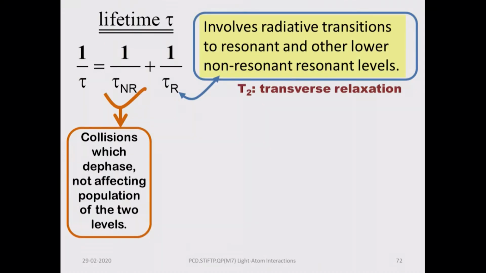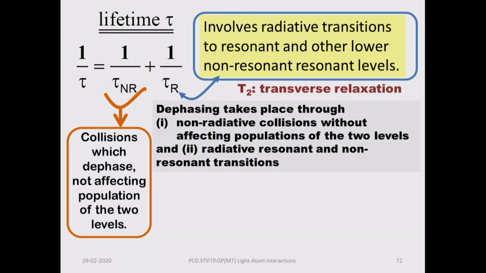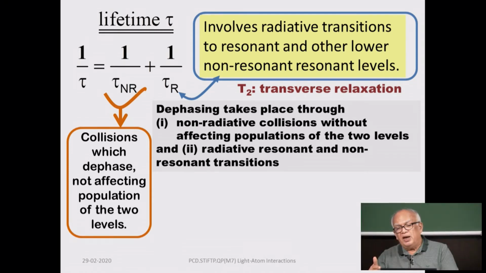So you have these two components, T1 and T2, the transverse component as I mentioned, and the dephasing takes place through two mechanisms. One is the non-radiative collisions and the second is the radiative transitions, and the radiative transitions again are of two kinds. One is resonant radiative transitions and the other is non-resonant transitions which can send the atom to an even lower discrete state if there is one.